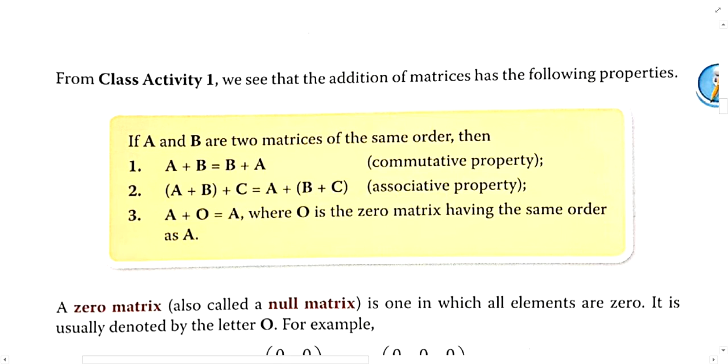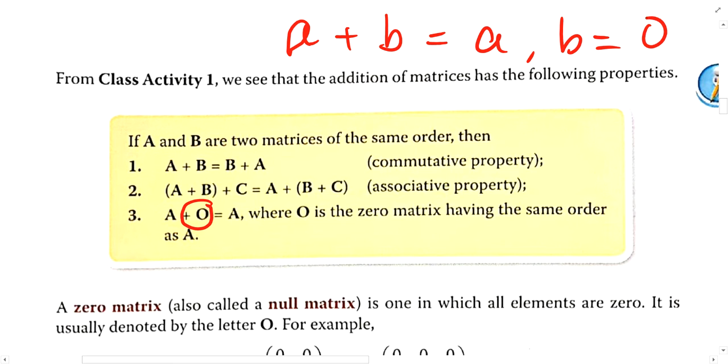Then over here, there's this O. A plus this capital letter O equals A. What then can you conclude about this matrix? A plus something equals A. What is that something? Yeah, it is 0, right? In normal maths, if I say that A plus B equals A, then B must be equal to 0.